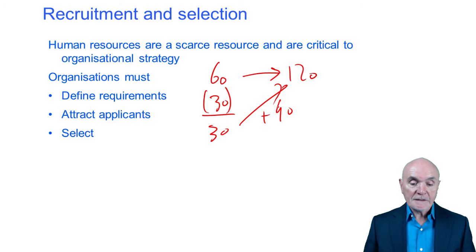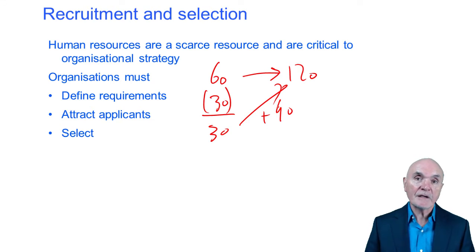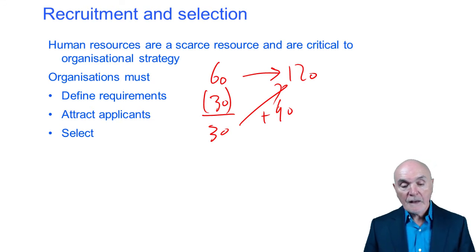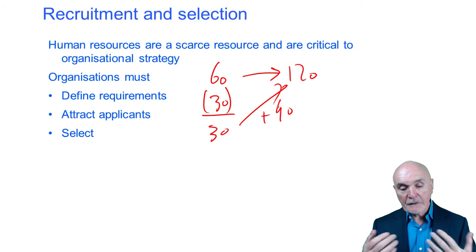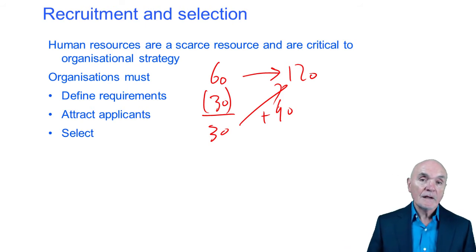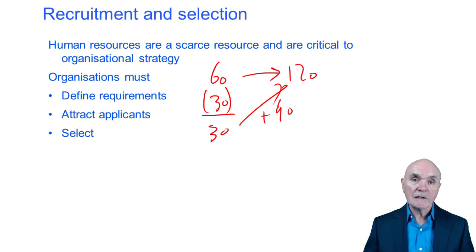Then you have to attract applicants. This is done by advertising, either in newspapers, or maybe you go to an employment agency, or increasingly people are advertising vacancies through the internet. And then from the applicants, maybe 30 or 50, you have to whittle that down, usually to about 6 to interview, and then to the one person that you're going to select for employment.